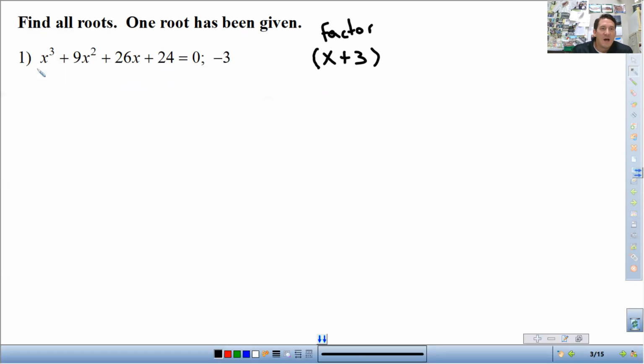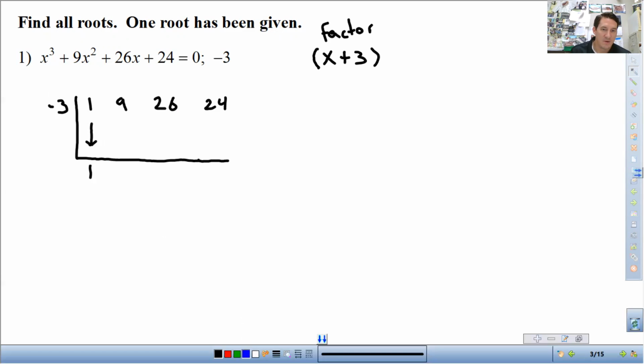Starting off, we are going to divide this using synthetic division. Since -3 is a solution, we know that this polynomial divides by x plus 3. But we still need to divide it out to figure out the remaining factor. So I'm going to put my numbers 1, 9, 26, 24, with -3 on the outside. First step, you bring down the 1, and then you multiply by that number on the outside.